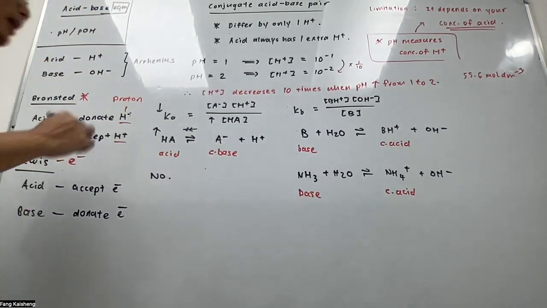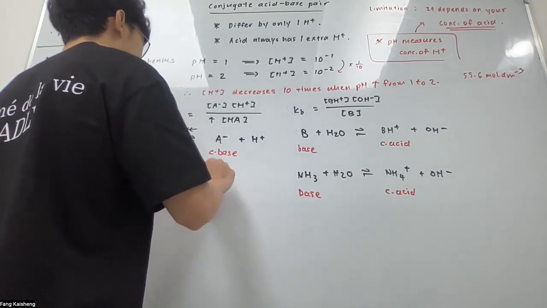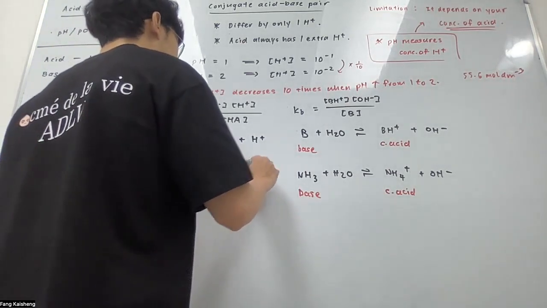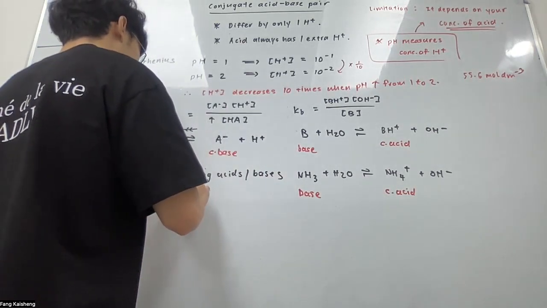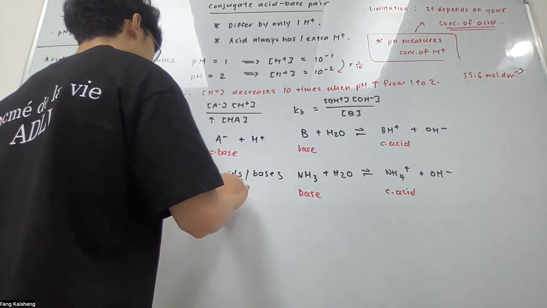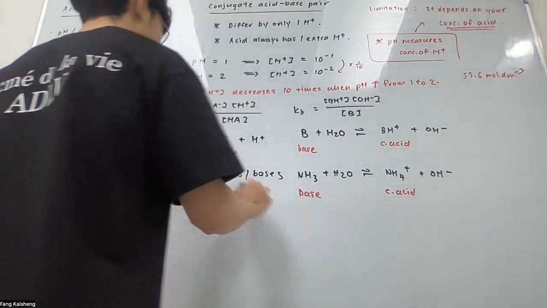It's a very simple idea. They don't have it because strong acids and strong bases dissociate completely, so there's no equilibrium.